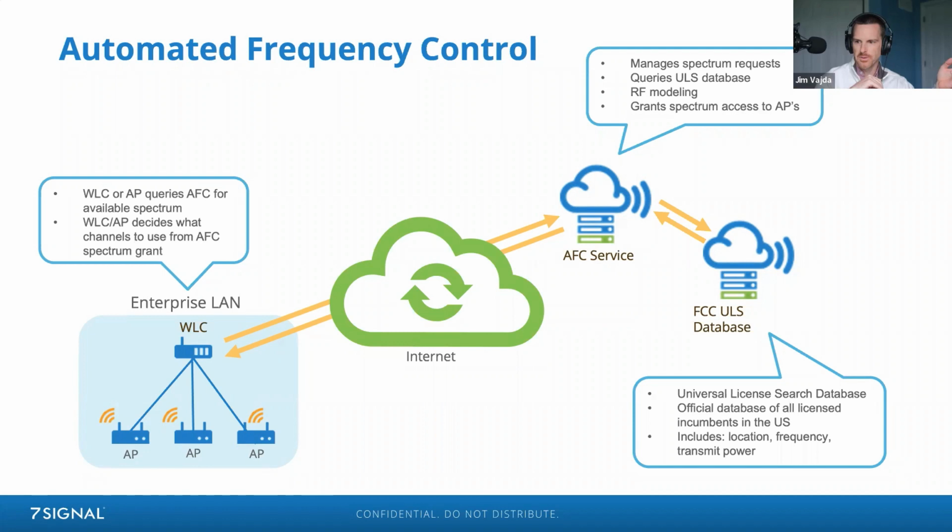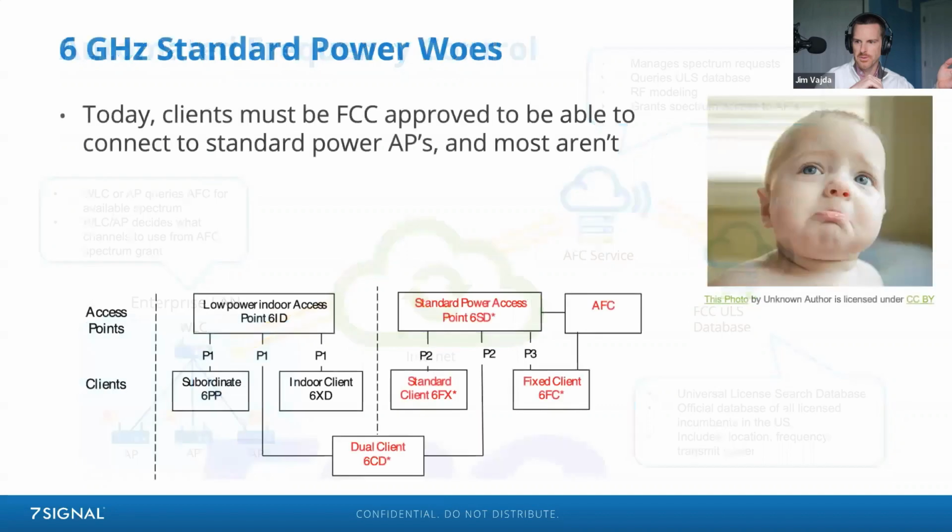That's helping to solve that problem of geolocation for the AP to report to the AFC system. Now there are multiple AFC services, and they're not synchronized the way they are in CBRS. And this is still in development. So it's not all rosy.